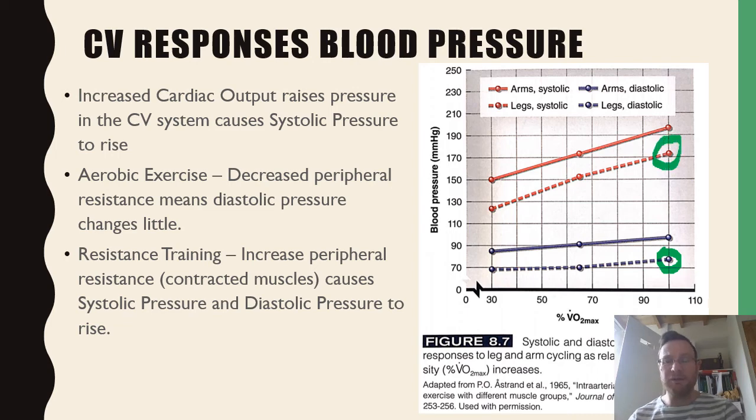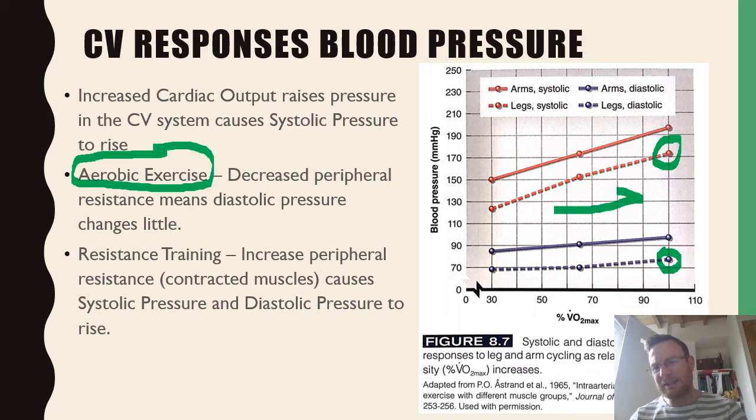This is the person going for a cycle. During aerobic exercise, as exercise intensity increases, we see this steady increase in systolic pressure. It's kind of what you'd expect, isn't it?